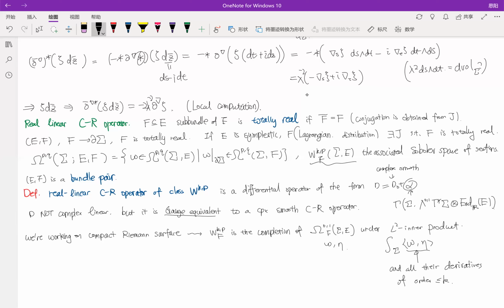Oh no, there is no L2. It is Lp. So we need to complete with respect to the Lp metric, that is, integration of the p-th power of the norm of omega, with respect to the volume form.